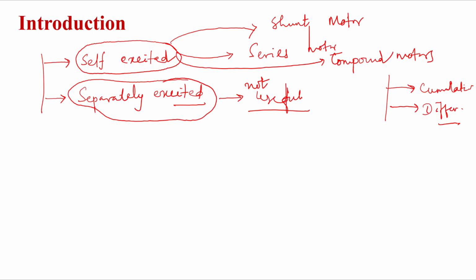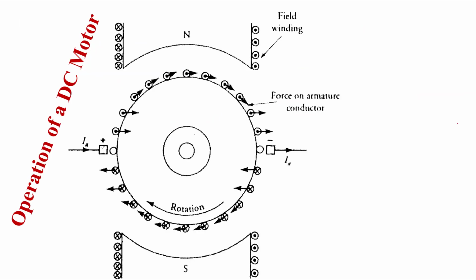It is based on the Lorentz force law. So this is a typical structure of the motor. You can see there are two permanent magnets and one armature on the rotor. Armature coils are placed on the rotor, and these are the two brass contacts.